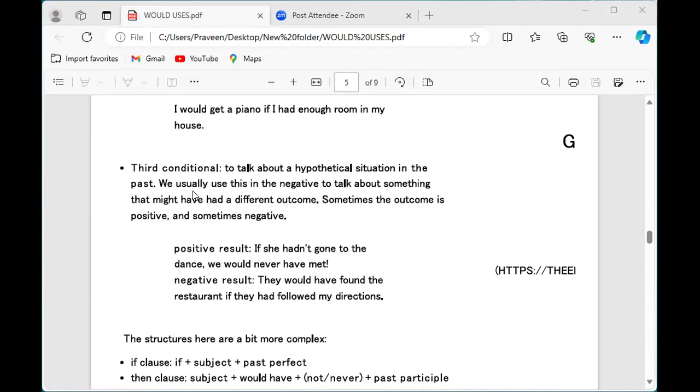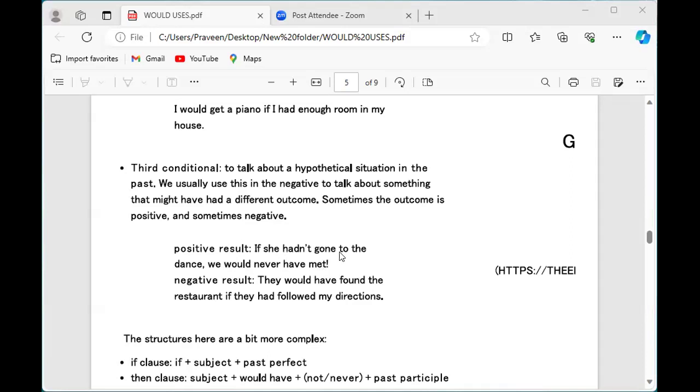A hypothetical situation in the past. We usually use this in the negative to talk about something that might have had a different outcome. Sometimes the outcome is positive and sometimes negative. If the first action had not happened, then the second one also would not have happened.